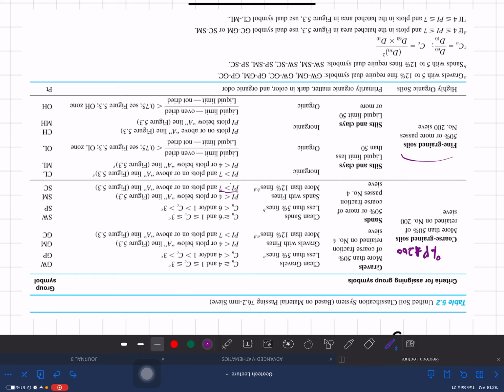Now, what if you fall in the lower part? Your percent passing the number 200 sieve is greater than or equal to 50.